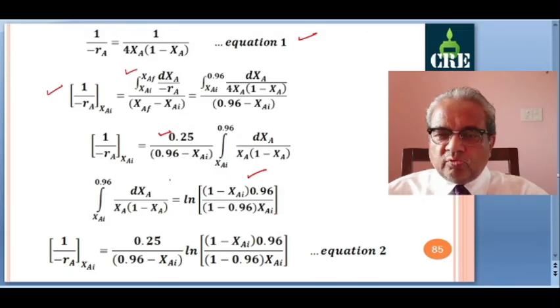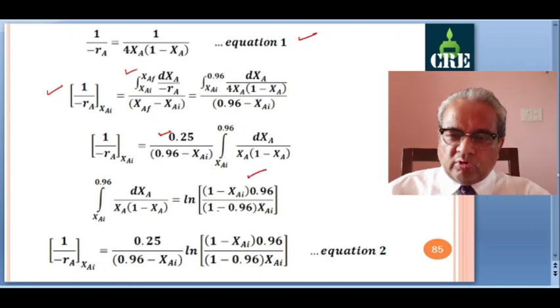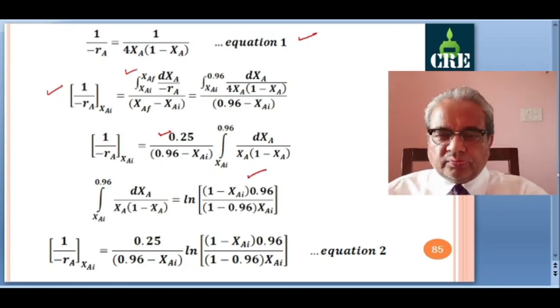You split into partial fractions, and we have done it a number of times. So 1 upon minus rA evaluated at XAI becomes 0.25 divided by 0.96 minus XAI, into ln of 1 minus XAI into 0.96 divided by 1 minus 0.96 into XAI. So this is the second equation.